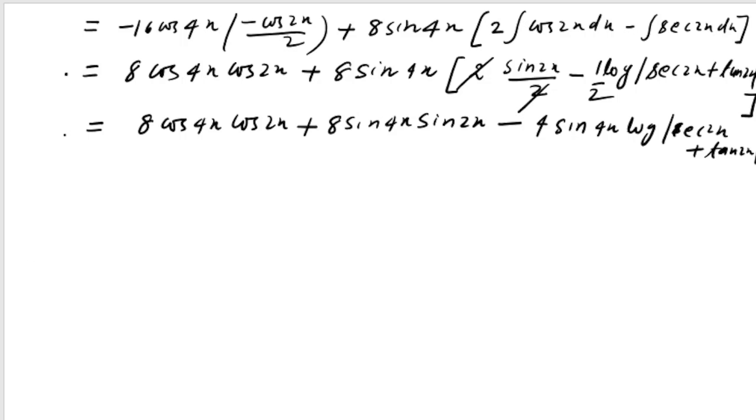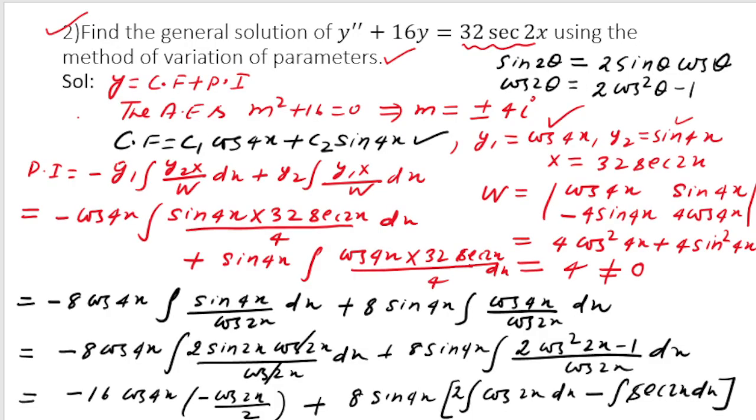So what is the final solution? The final solution will be CF plus PI. So CF is C1 cos 4x plus C2 sin 4x.